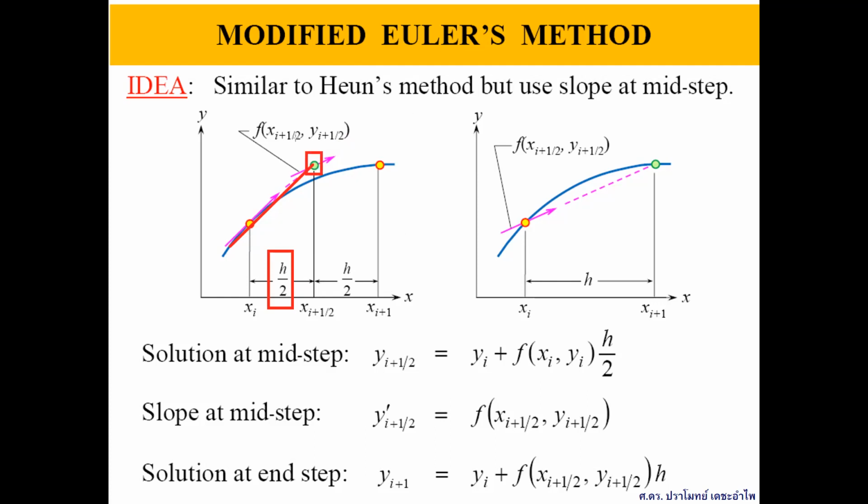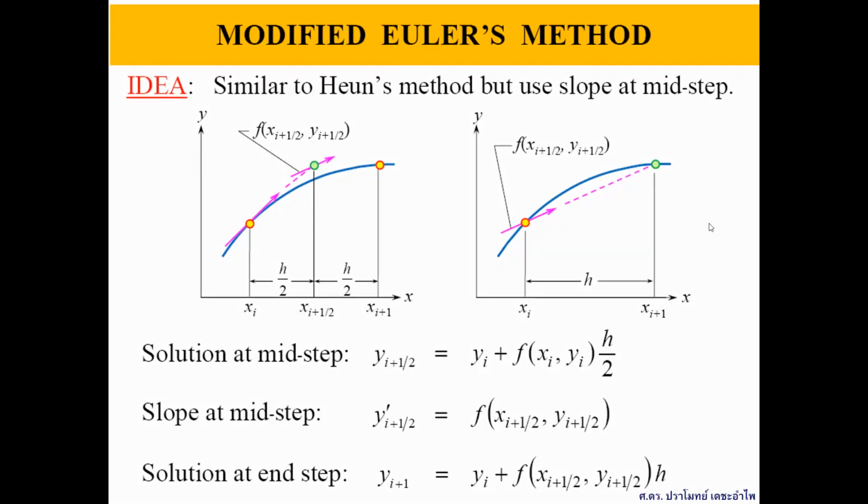Then we substitute this value of y and x into the function f(x, y), and we get the midpoint slope. We will use the slope at the midpoint to predict the next step instead. This is what we call the modified Euler method.